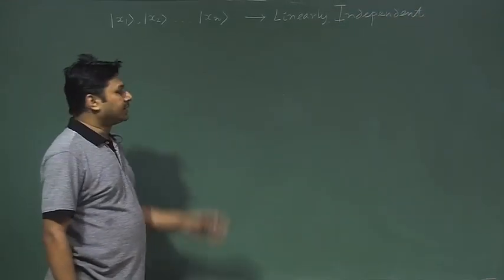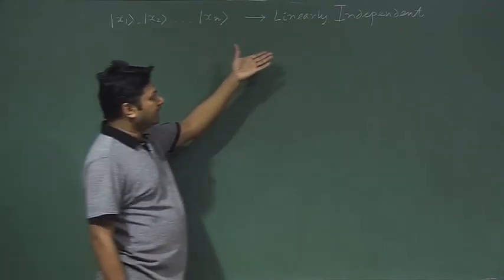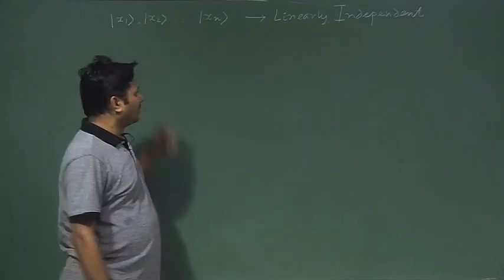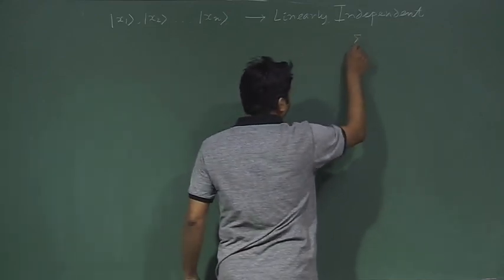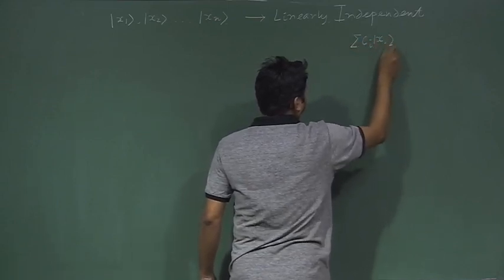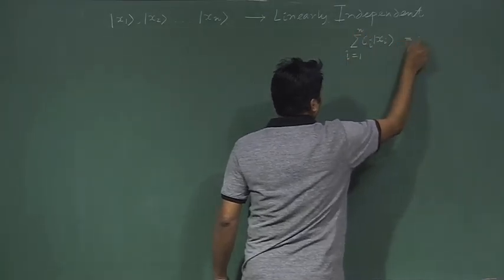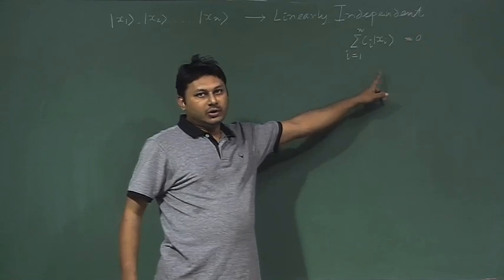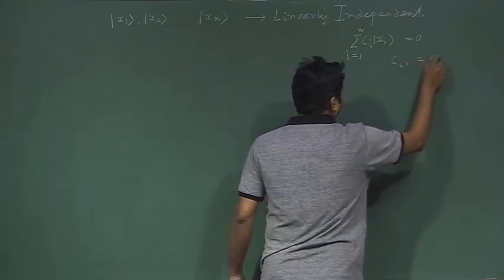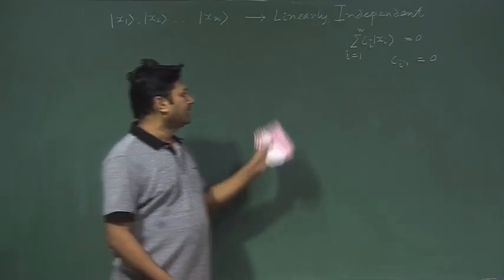That means if I have an expression, let me remind once again, a linear combination of these vectors set equal to zero, the only solution is that all the Ci's are 0. It essentially means that these vectors are linearly independent.